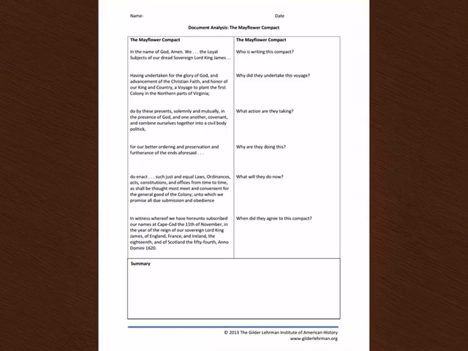So what would you say for who is writing the compact, but without stating what it says? What did you say? Yeah, you can say the Pilgrims, and then you can say the Pilgrims who are loyal to the king.